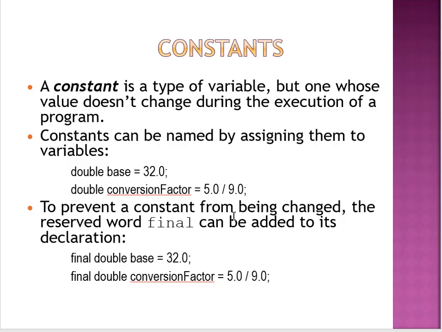Now, to prevent a constant from being changed: sometimes you can assign a variable that you think is a constant, that it should not change. But if you simply assign it to a variable, there is a possibility that the value may change. It may be replaced.